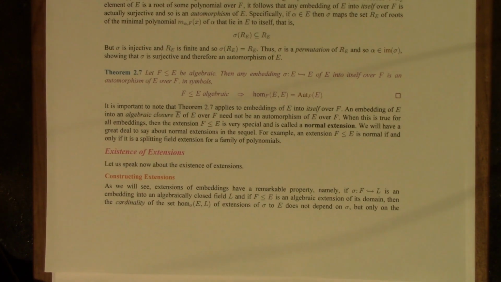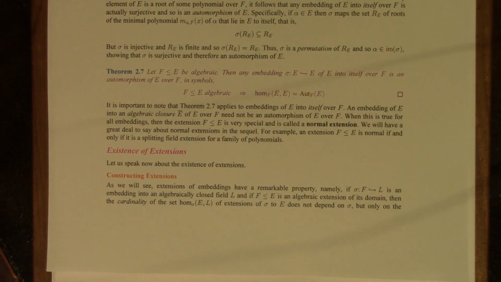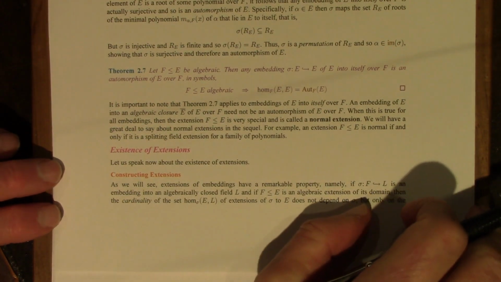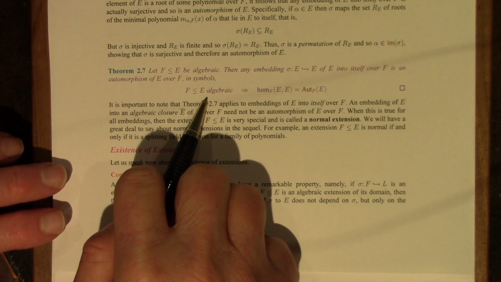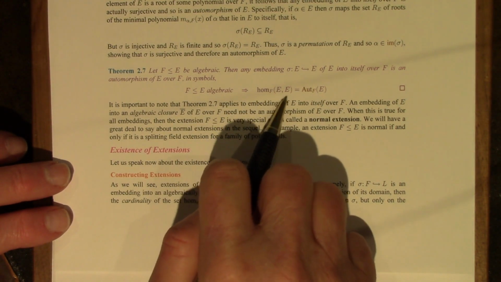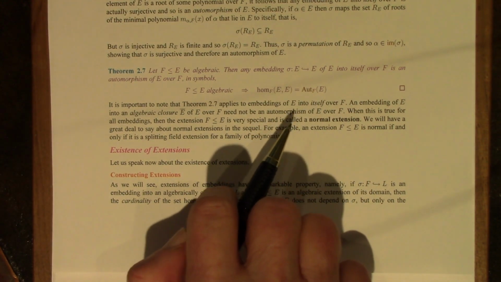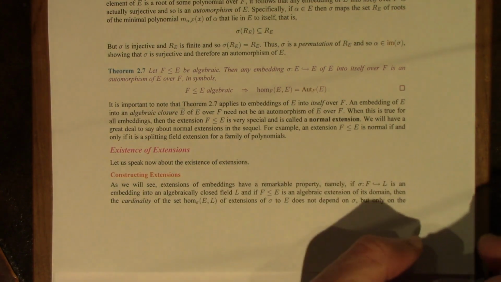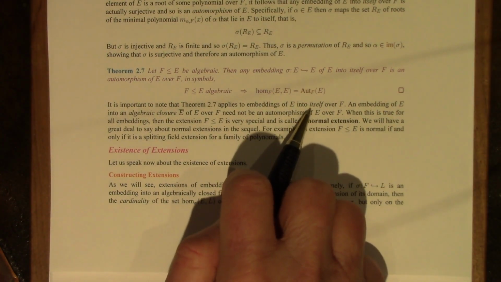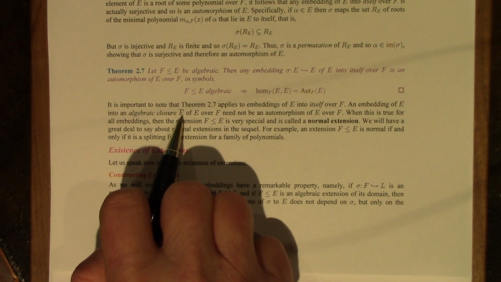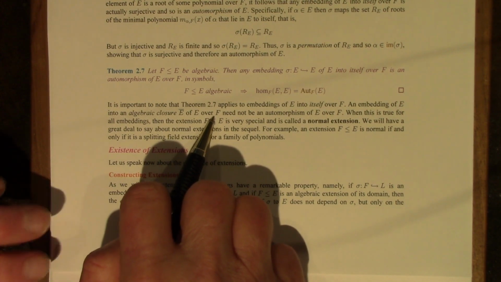Now, one important point: when you think about extensions of embeddings, you are extending the domain, and when the extension of the domain has the special property that it's algebraic, the embeddings of E into itself are automorphisms. But we're also going to be very interested in the embeddings of E into E bar, an algebraic closure of E, again over F, fixing the base field pointwise.